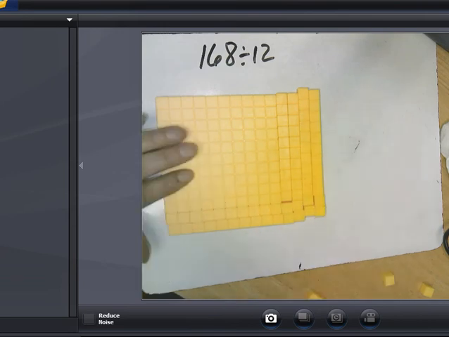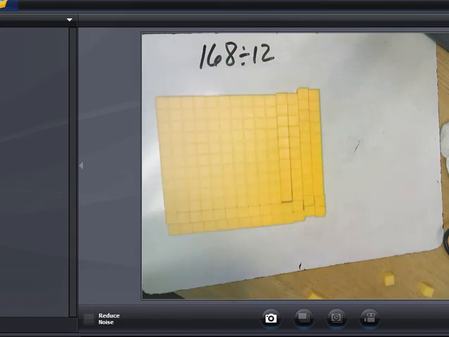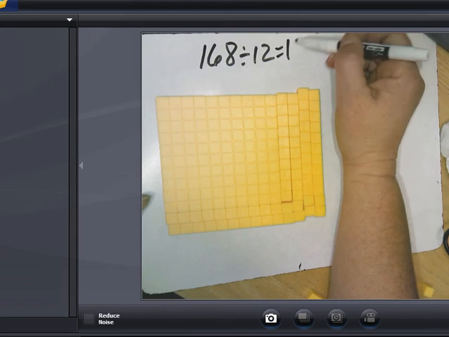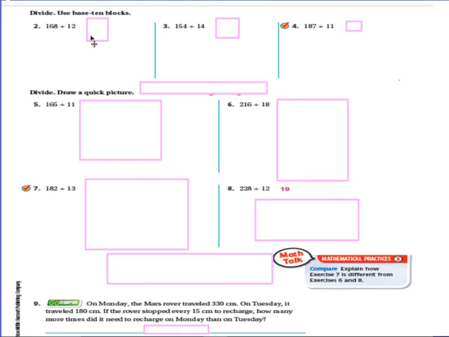If I look, I have 10, 11, 12, 13, 14. So it equals 14.